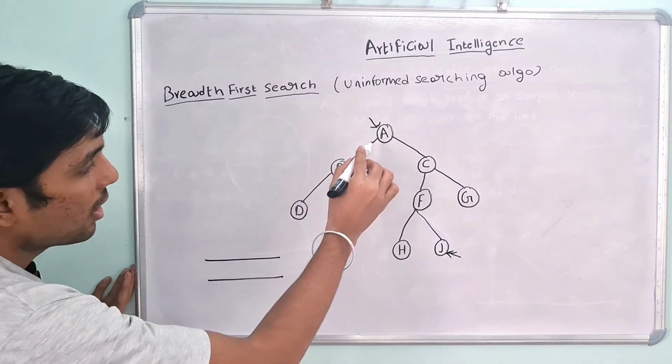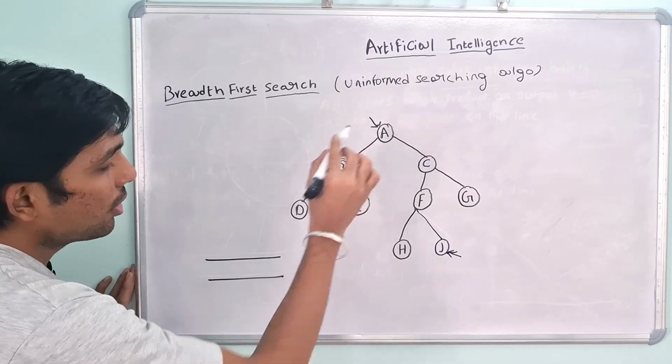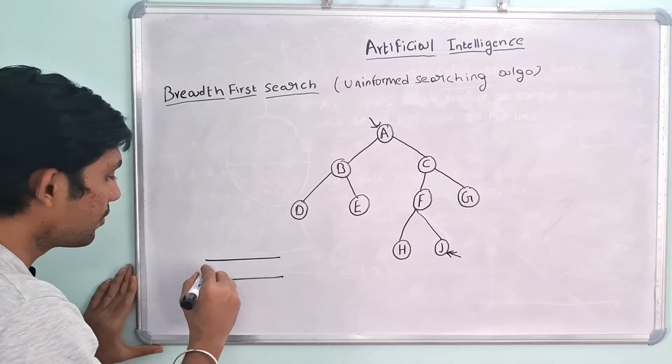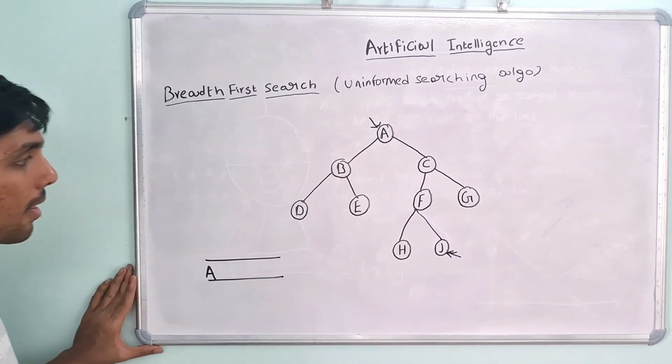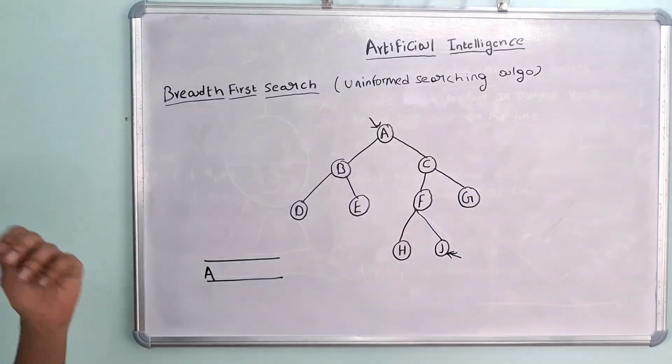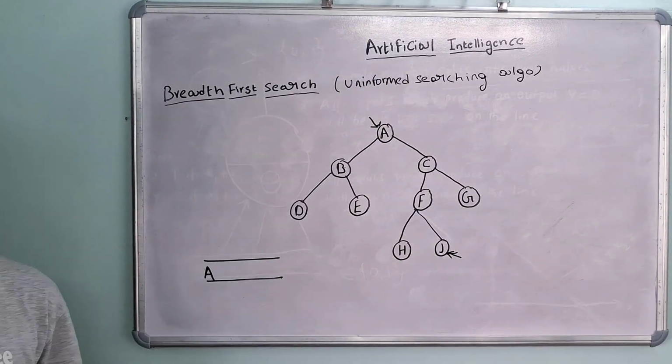First, the initial node is A, so the algorithm will enqueue A into the queue. Now it checks whether A is the goal node or not. You can simply see that A is not the goal node.